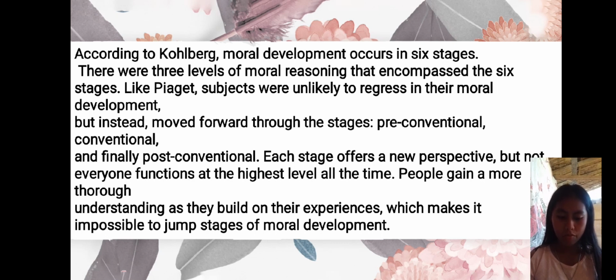Each stage offers a new perspective, but not everyone functions at the highest level all the time. People gain a more thorough understanding as they build on their experiences, which makes it impossible to jump stages of moral development.